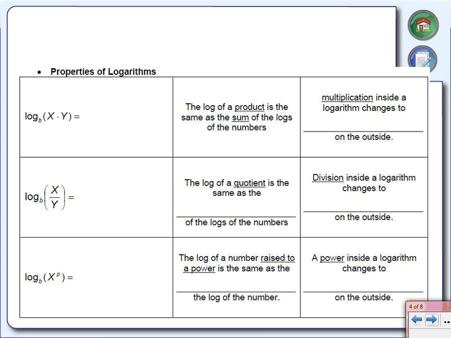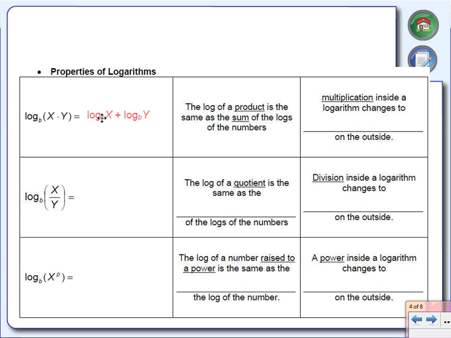Up at the top, we have log base b of x times y. What did we say about multiplication? Multiplication was the same thing as adding. Okay, so this right here can also be written as individual logs with addition in between.